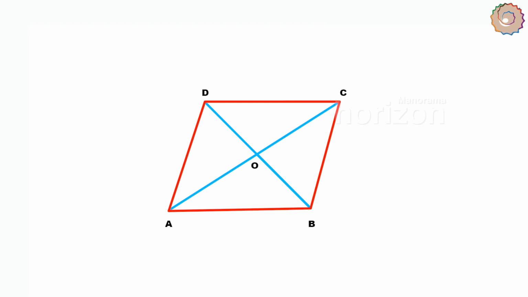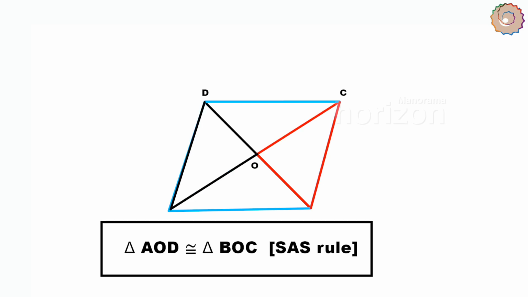Now proof. In triangle AOD and triangle COB, OA is equal to OC. It is a given data. Next, angle AOD is equal to angle COB. What is the reason? They are vertically opposite angles. OD is equal to OB, it's given. So, the triangle AOD is congruent to triangle COB by SAS rule, that is side angle side.